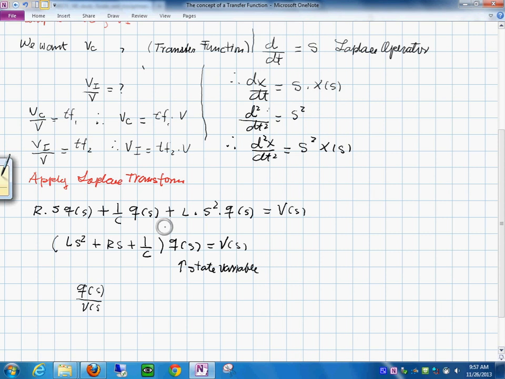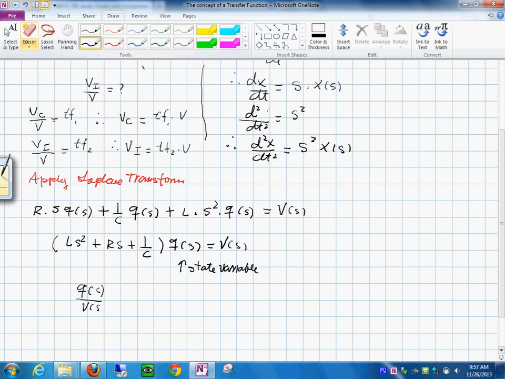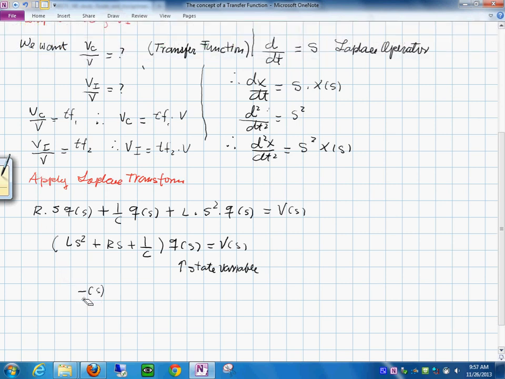So q of s is equal to 1 over L s squared plus R s plus 1 over C, times V of s.